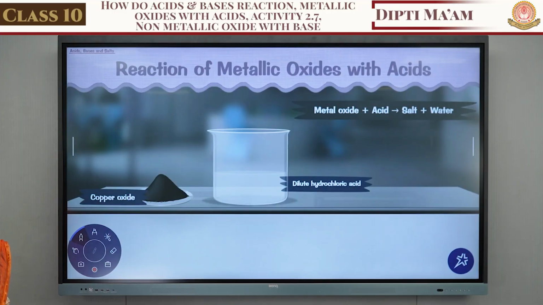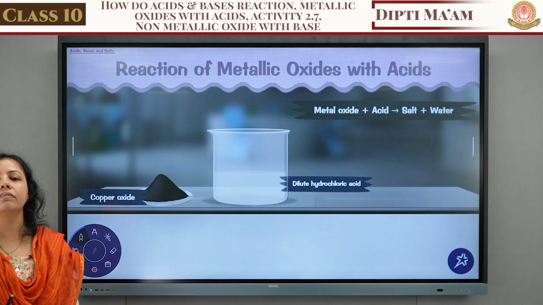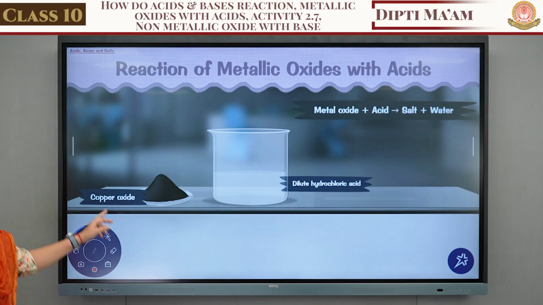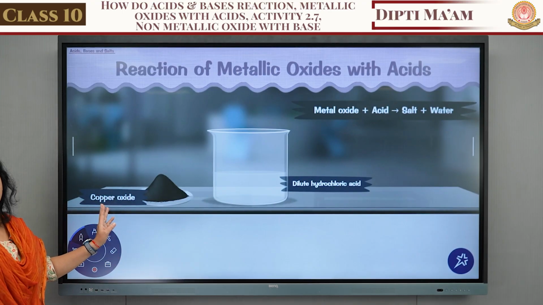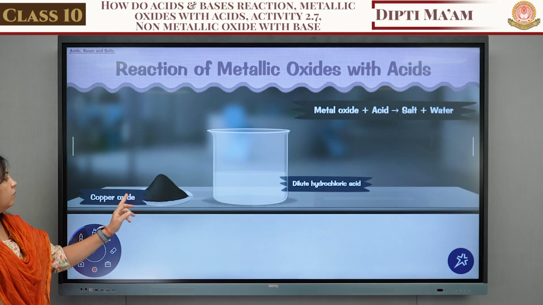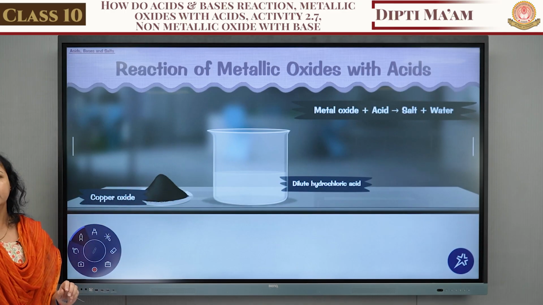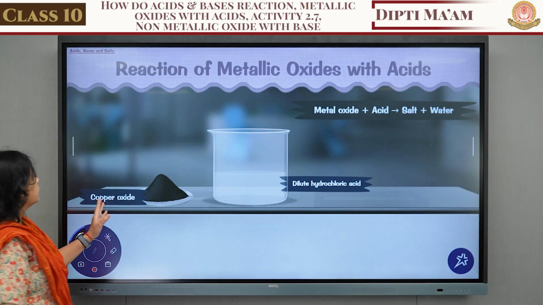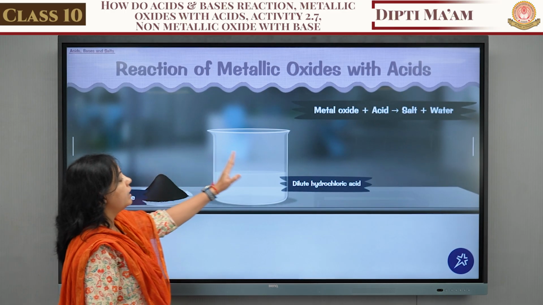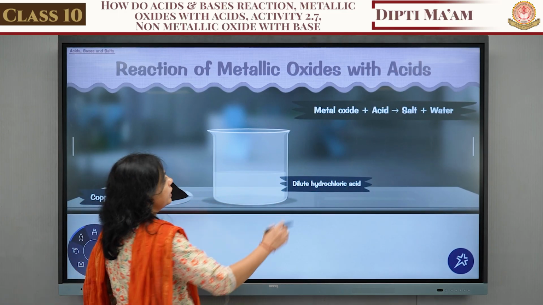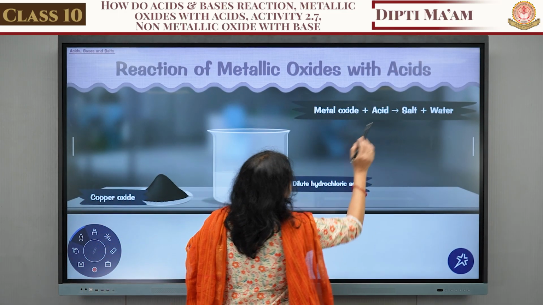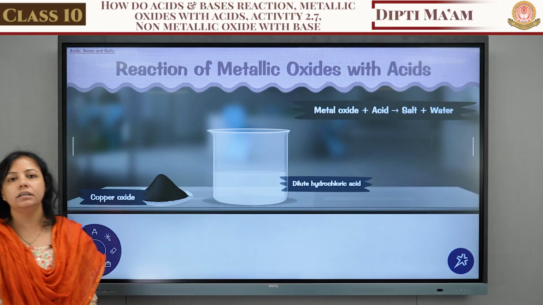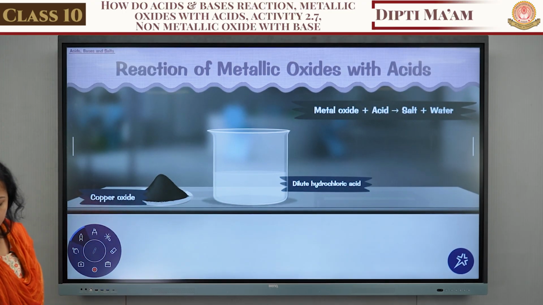And how is the copper oxide formed? When copper reacts with oxygen. So copper oxide is a metallic oxide. What is the color of the copper oxide? Black color. So this copper oxide reacts with the dilute hydrochloric acid. If the oxide reacts with the acid, what is the result? Salt and water are formed.